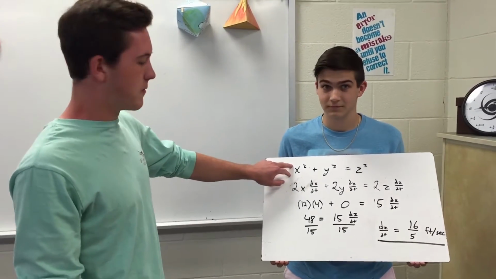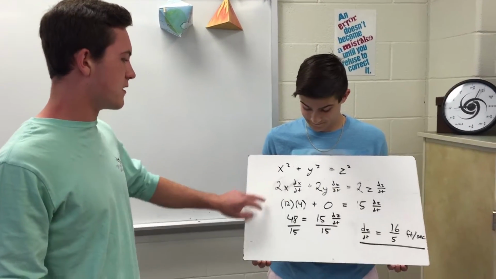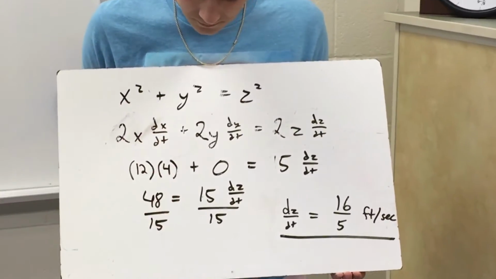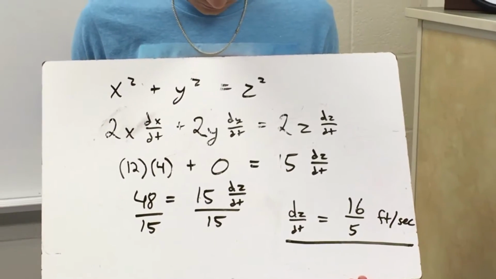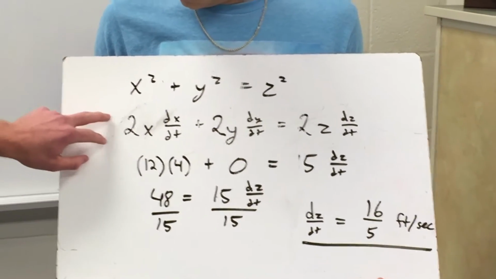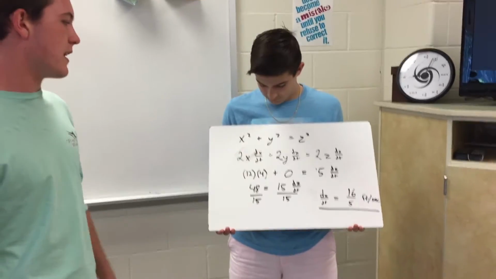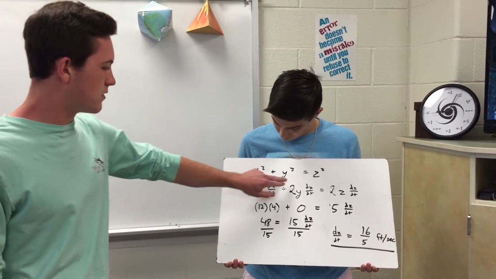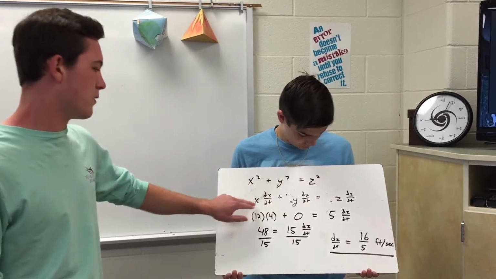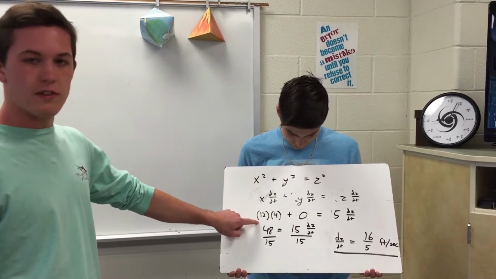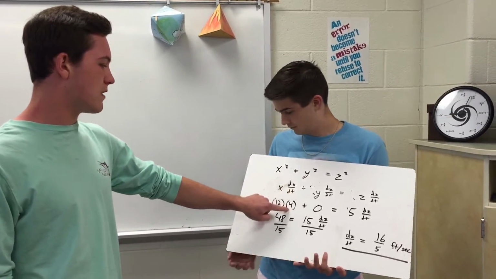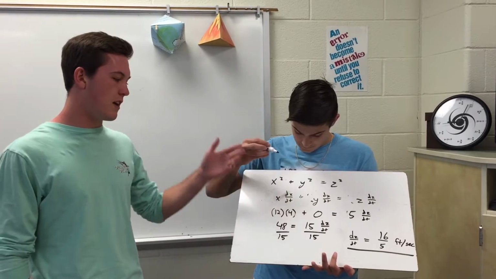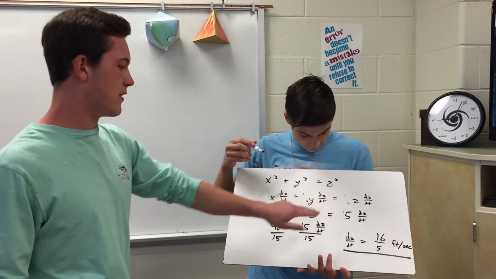Now, going back to the Pythagorean theorem, if we differentiate the entire equation, we can figure out the rate, dz/dt with respect to time, of how fast the ball was moving from my hand into the goal. Taking the derivative of this equation, you get 2x dx/dt plus 2y dy/dt equals 2z dz/dt. The 2's cancel out, and plugging in the numbers: 12 feet, which is how far I ran, times the rate at which I was moving, 4 feet per second, plus 0, because 9 was a constant, how far away I was, so this derivative is 0.